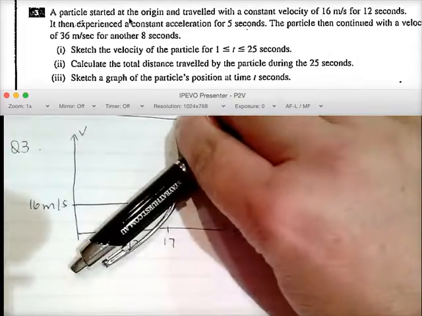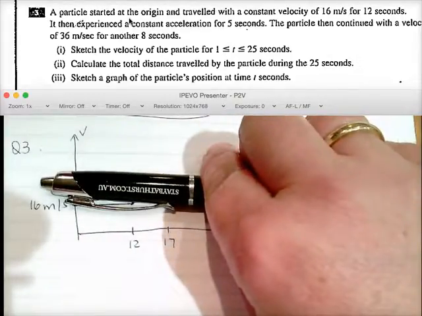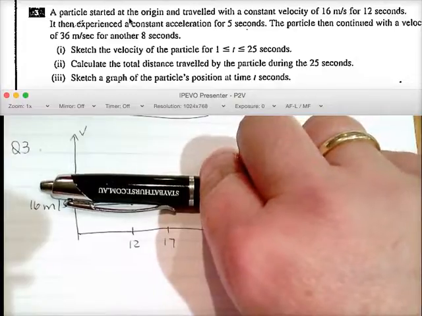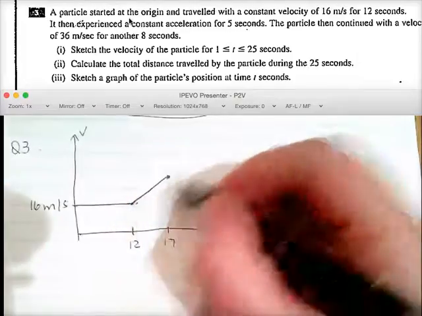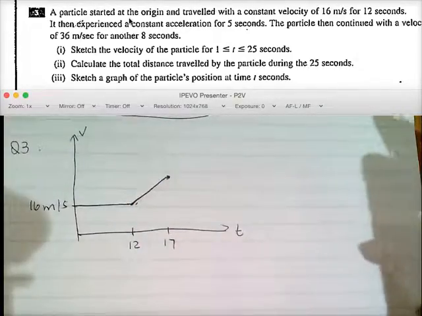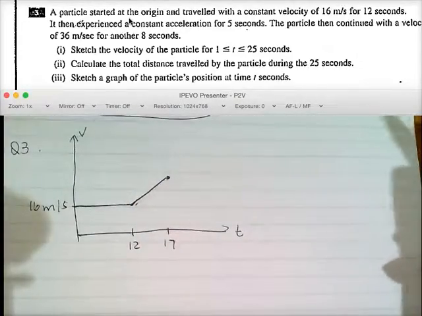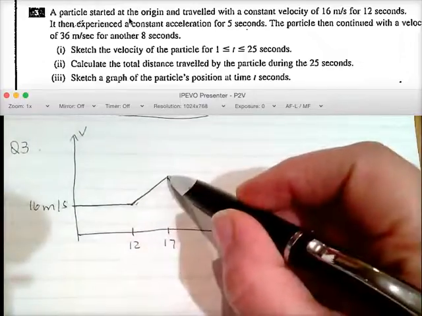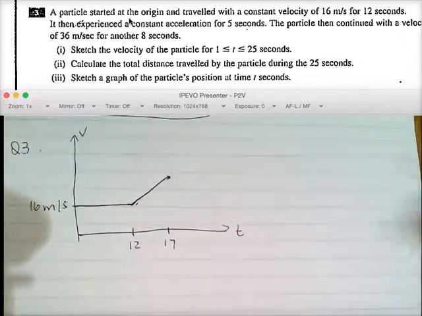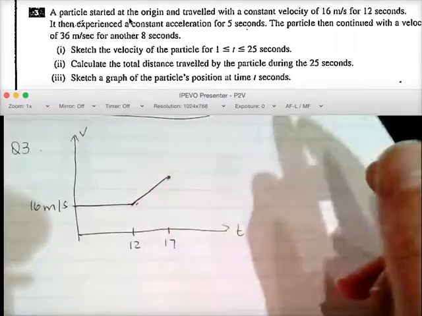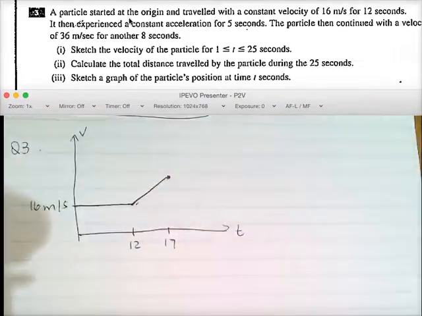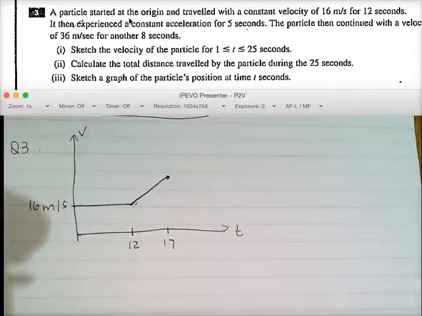So if you differentiate that, you will get a constant value. So for example, if you look at this and ignore the rest, that might be a straight line, for example, v equals 2t or something. Now, when you differentiate that, you get 2, for example. So this straight line portion of the velocity graph does represent constant acceleration. That happens for 5 seconds.